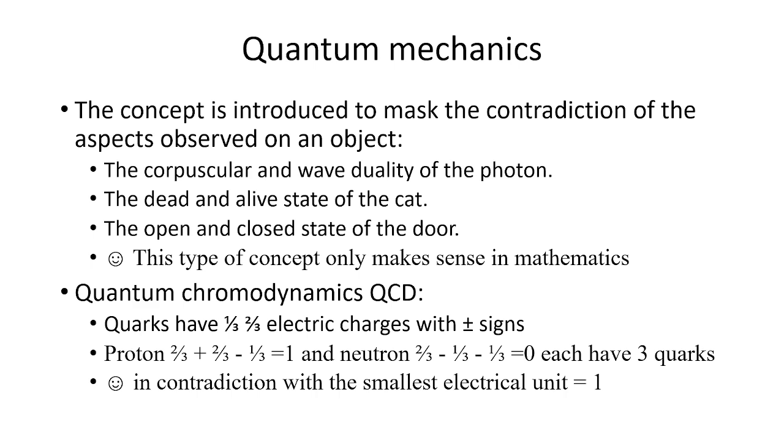Quantum mechanics. The concept is introduced to mask the contradiction of the aspects observed on an object. Example, the corpuscular and wave duality of the photon.